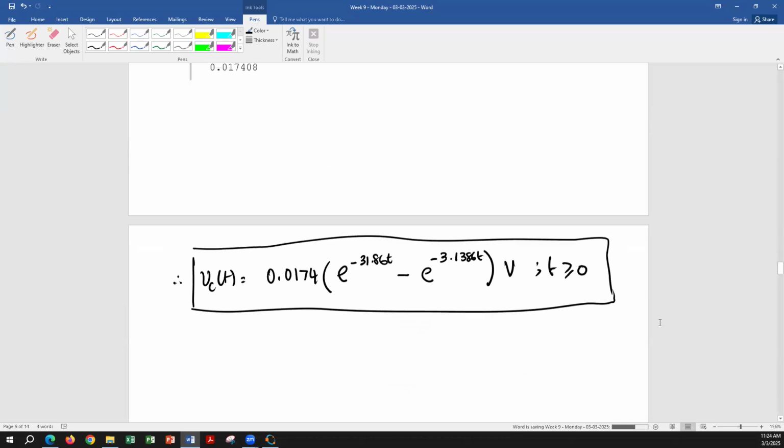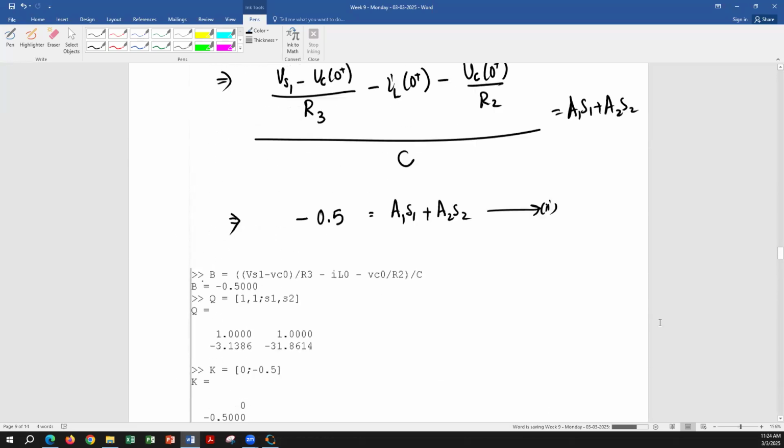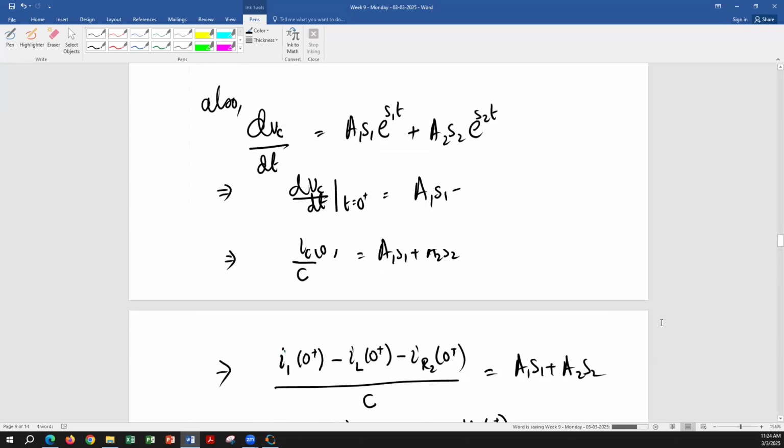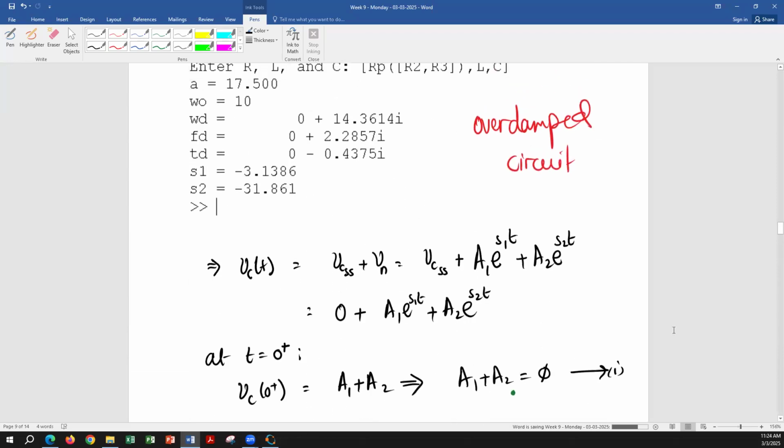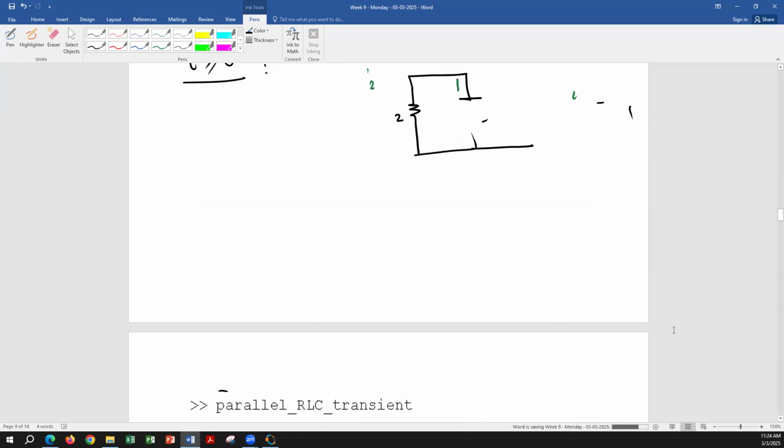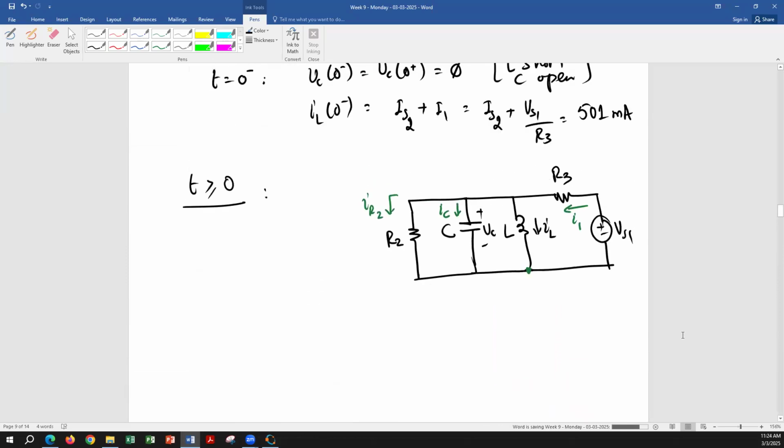All right, the last thing is to find the inductor current. So now go back to the circuit. Who is going to tell me how we're going to find the inductor current?